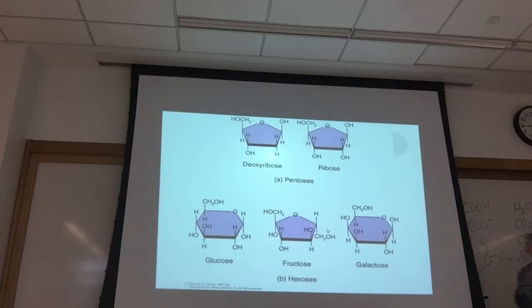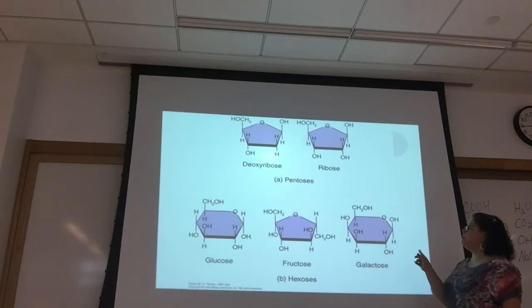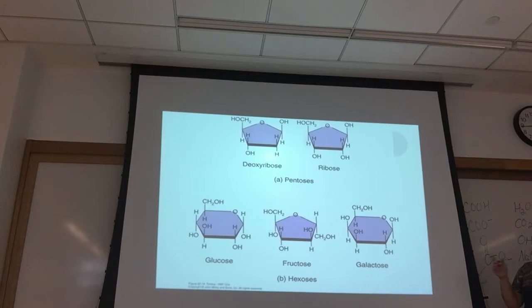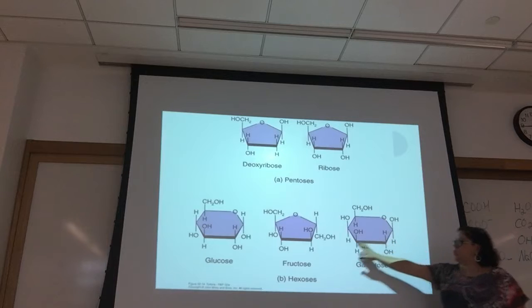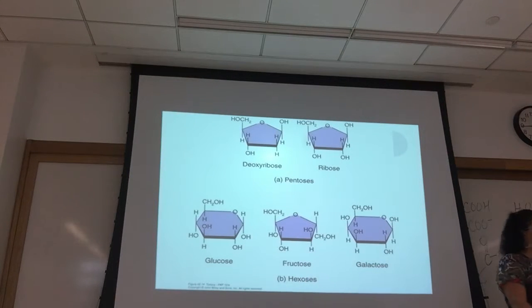All right, so you can see the examples of a few of the monosaccharides I just mentioned and compare them here. As I said, I would not ask you to identify them as this is galactose, whereas this is fructose, and that's glucose. I wouldn't ask that. But realizing that they're all monosaccharides, you should know.